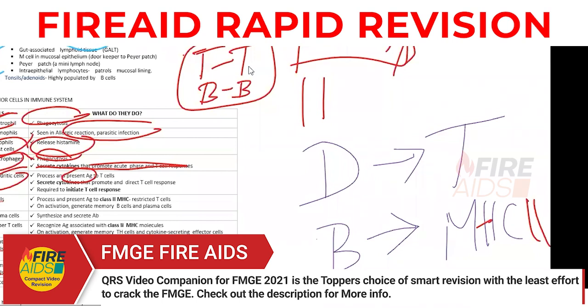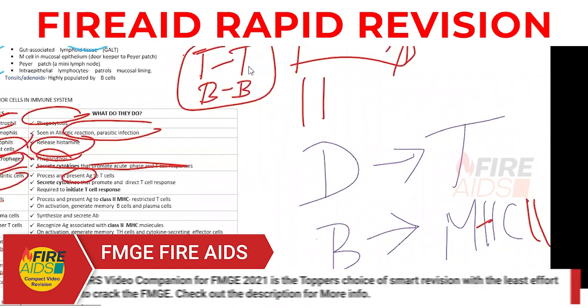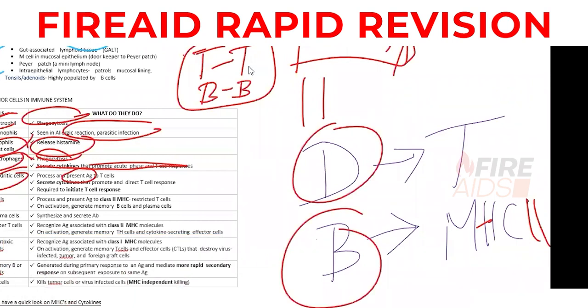Okay, so this point is very, very important. These two are presenting. Dendritic cells also present, B cells also present. Dendritic cells present antigen to T cells. B cells present antigen to MHC 2 restricted T cells.